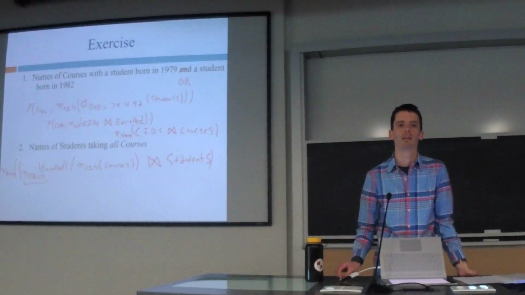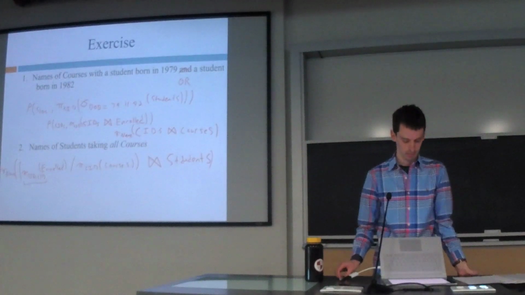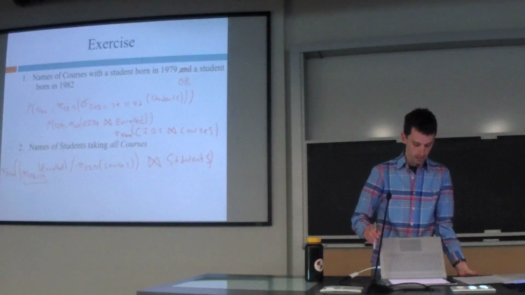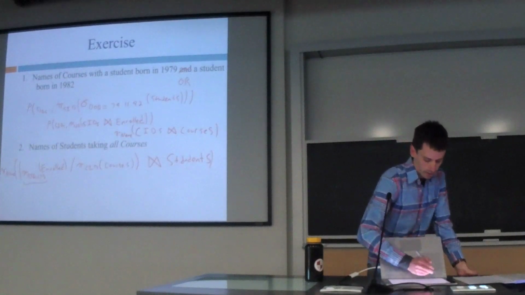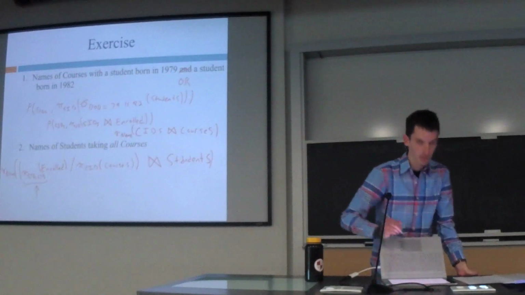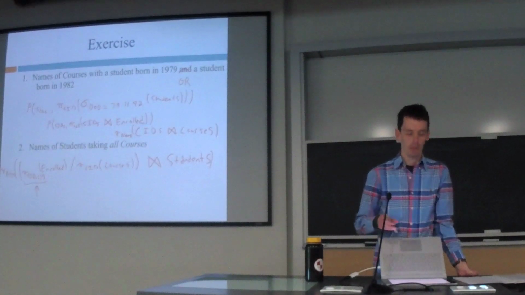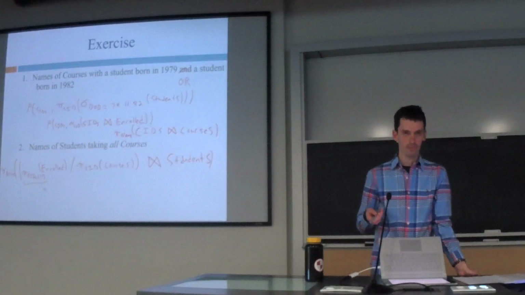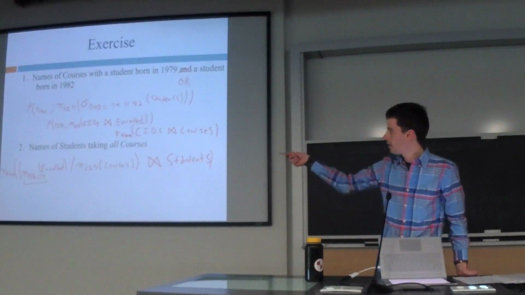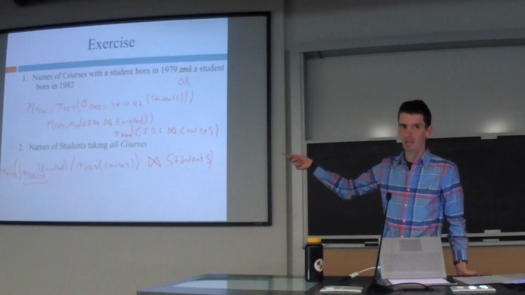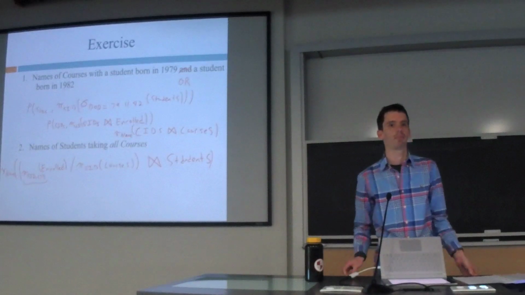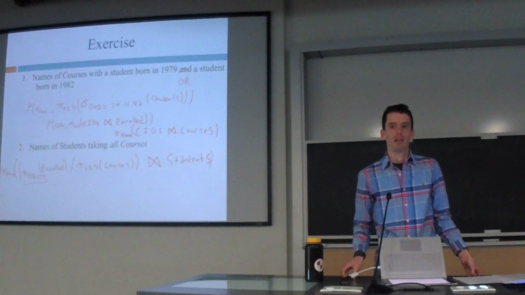And you're getting rid of grade as soon as you do the name projection. So I'm getting rid of grade right here. Since I'm projecting just name out of the whole thing at the end, grade's going to be gone anyway.